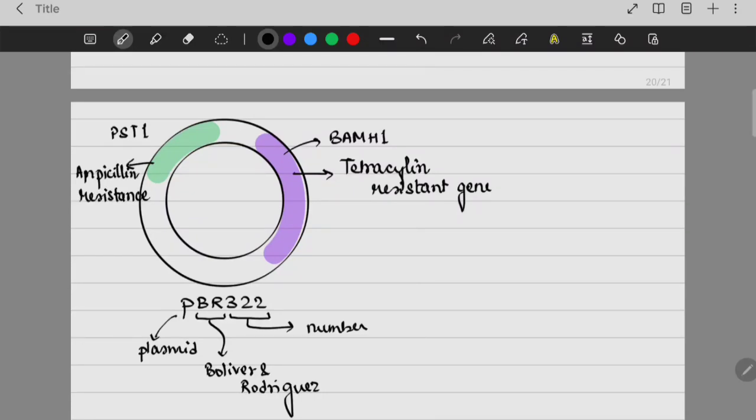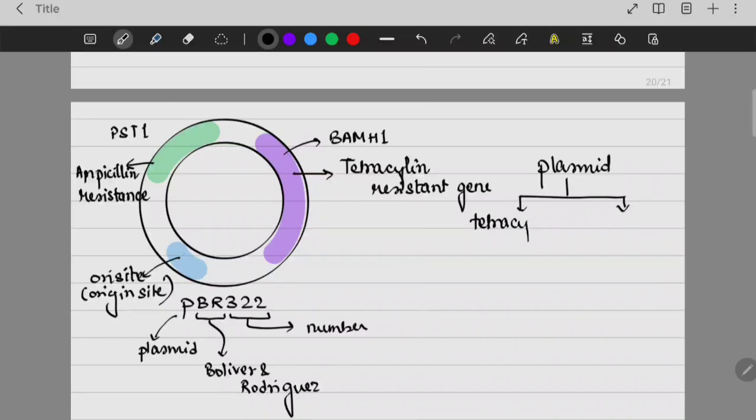Another is the ORI site, meaning origin site. So it is a plasmid with two antibiotic resistance genes. The antibiotics are tetracycline and ampicillin.